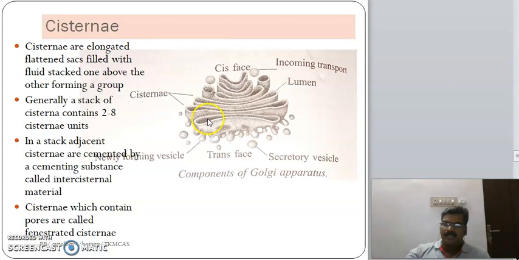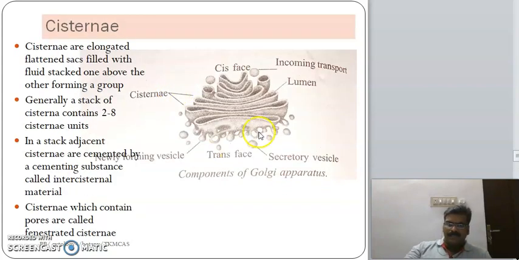You can see this, they are stacked one above the other. And this stack contains 2 to 8 cisternae units, one above the other. These are fixed in place, or cemented, with the help of a cementing substance called intercisternal material. So between two cisternae there is a material called intercisternal material. In some organisms, cisternae have pores, and such cisternae are called fenestrated cisternae.